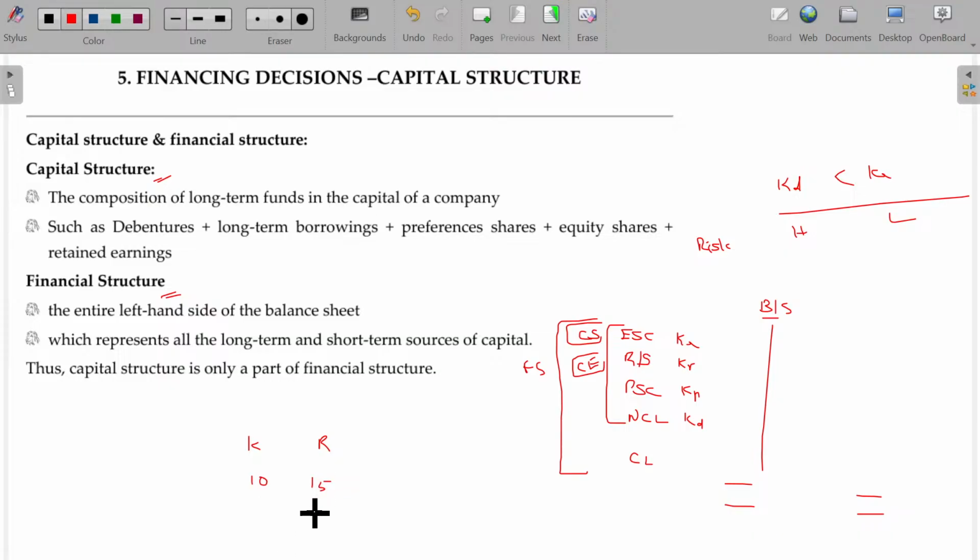Suppose if your return falls down to 5%, what happens? In this case, you are happy with 5% plus. In this case, you are unhappy as you are losing 5 rupees. Is that okay? In case of cost of debt. In case of cost of equity, though the demand is higher, if you earn 15, you pay 5 rupees excess, they will be pretty happy. But if you earn only 5 rupees, yeah, of course, they will be unhappy.